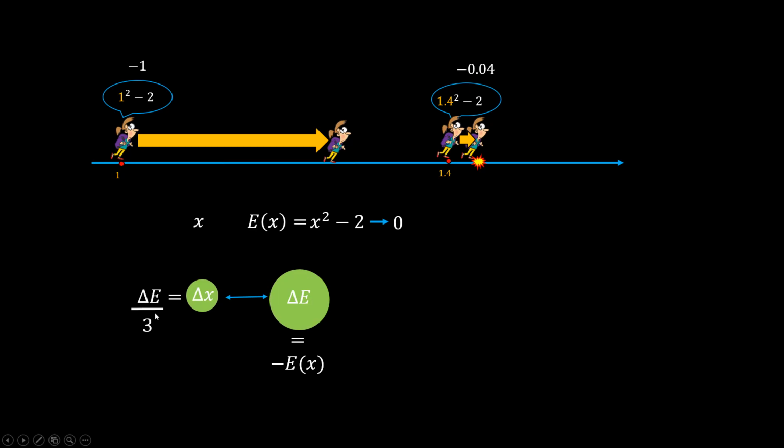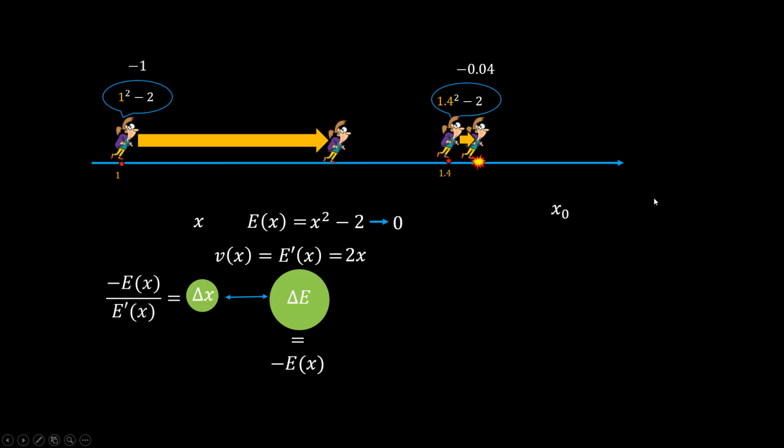In other words, our step size depends on how fast the error changes with the guess. And that speed is the derivative of the error function, telling us how fast the error changes with our guess. If we plug that in, we have step size equals the negative ratio of the error and the speed of the error change. So here's the algorithm.